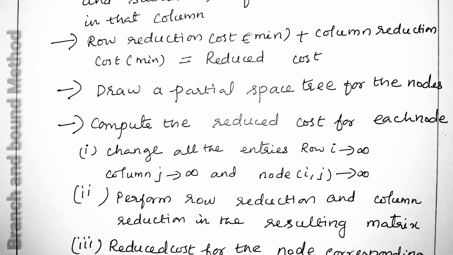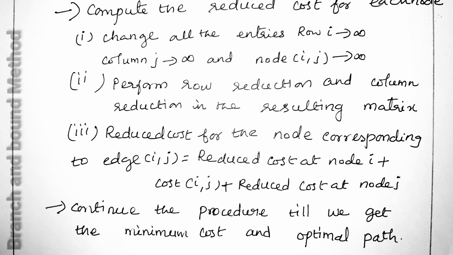Perform row reduction and column reduction in the resulting matrix for all the nodes. After that you have to find the reduced cost for the nodes corresponding to edge (i, j). That is, reduced cost at node i plus reduced cost at node j plus cost (i, j). Continue the procedure till we get the minimum cost and the optimal path.